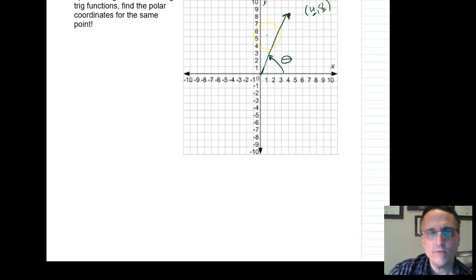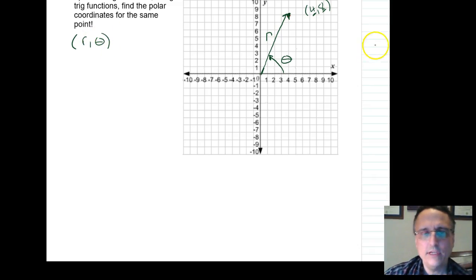And then how far, we'll call it the letter r, how far do I have to travel in that direction to get out to the point? And we call that r, theta. That would be the polar coordinate that defines that point.